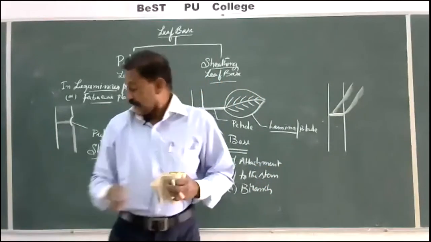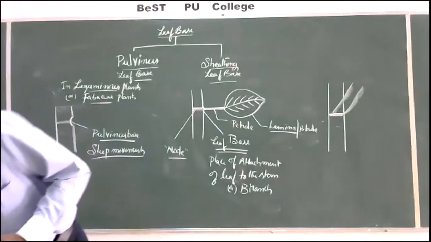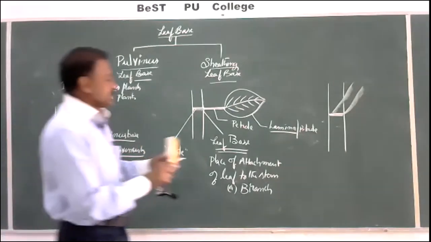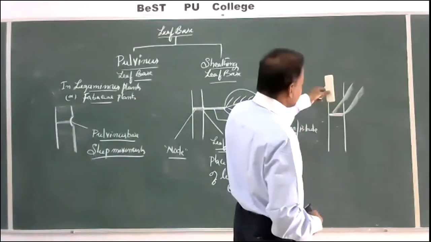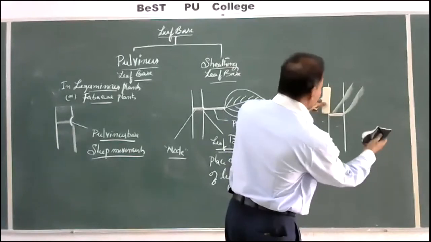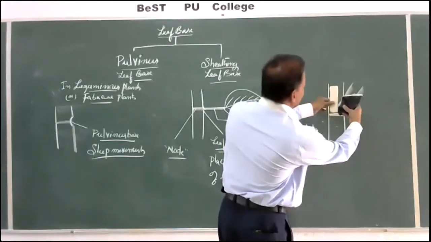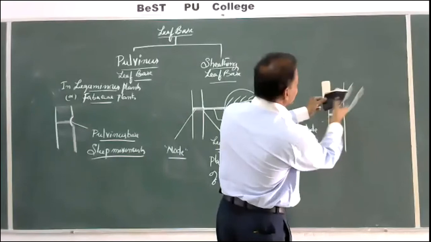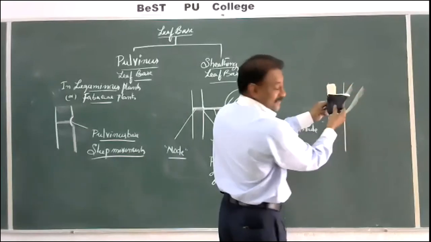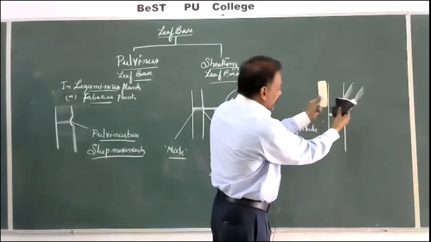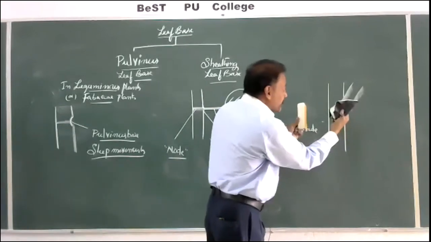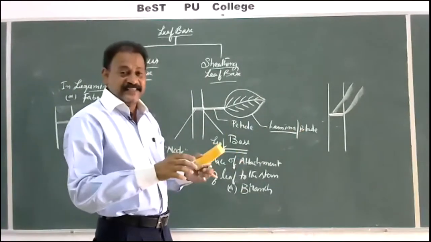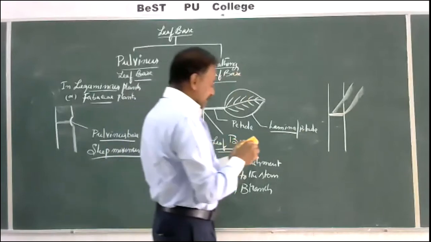So it covers like this. If this is the stem, it is going to cover, see here my dear students, like this, either partially or completely. So such leaves are difficult to pluck. This type of base is called leaf sheath, or the base is in the form of a sheathing leaf base.